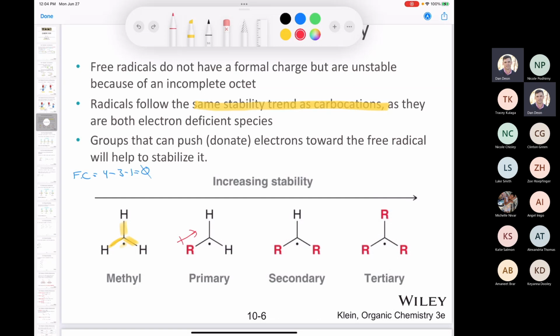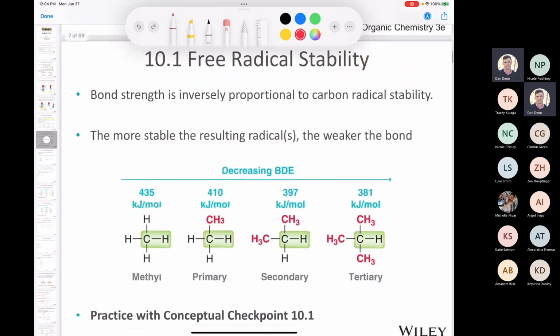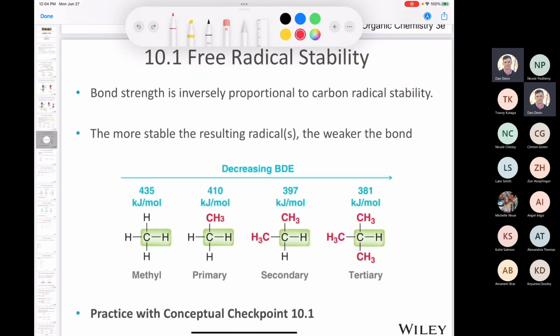So each atom takes an electron. Homolytic bond cleavages are where we get our bond dissociation energies from. Thus, it makes sense that bond strength is inversely proportional to carbon radical stability. The more stable the radical that's formed, the weaker the bond is, right?